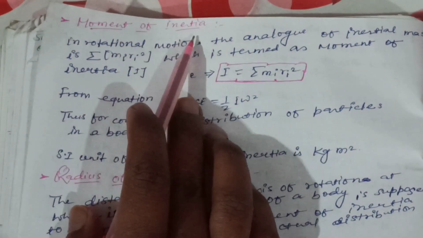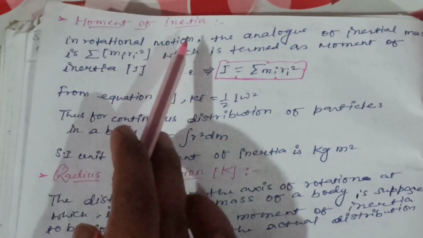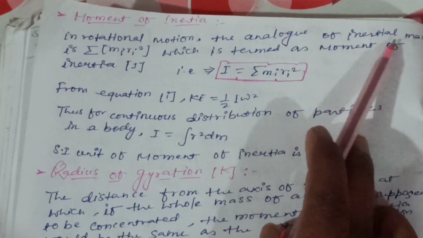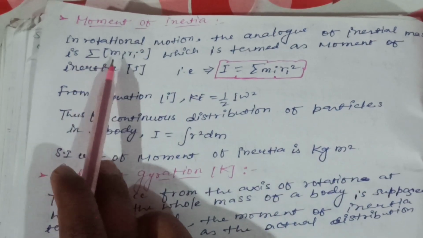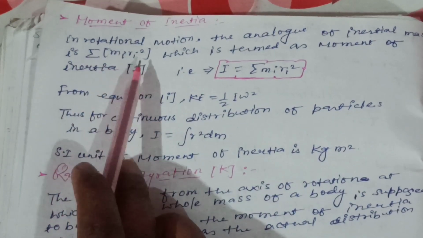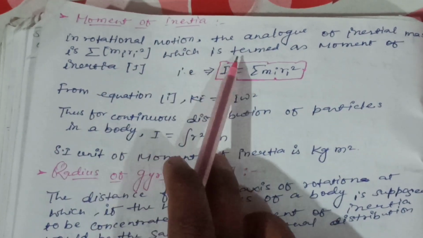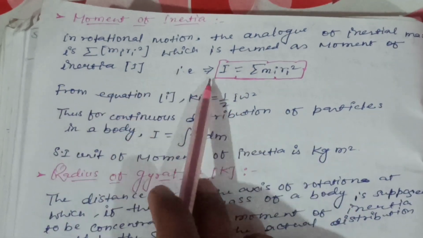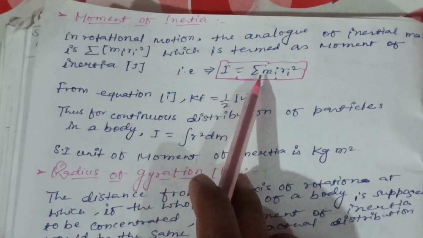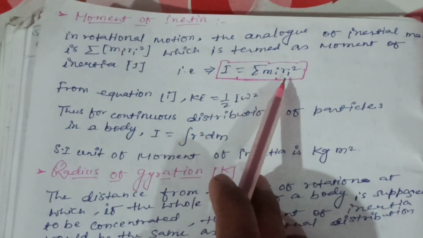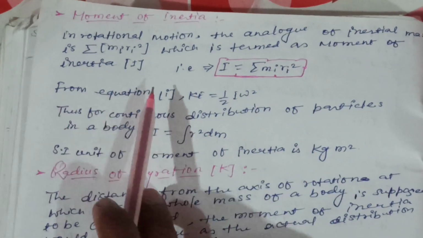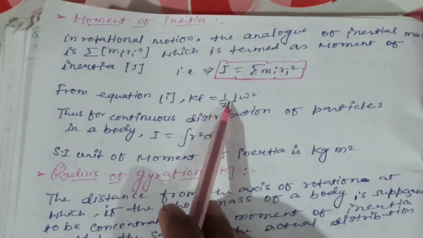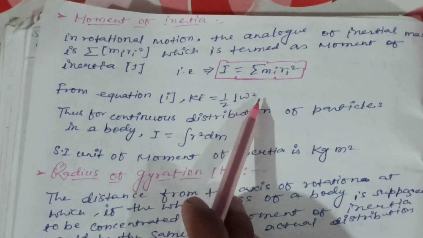Moment of inertia in rotational motion. The analog of inertial mass is summation mi ri squared, which is termed the moment of inertia I, that is, I is equal to summation mi ri squared. From the equation, KE is equal to 1/2 I omega squared.